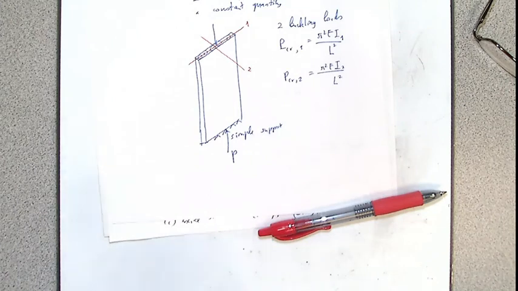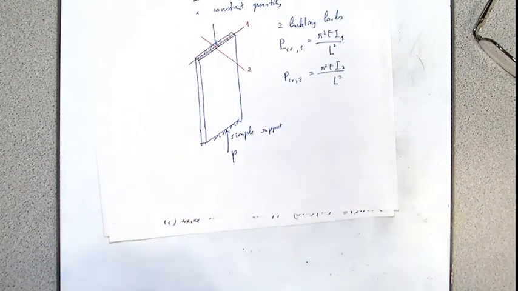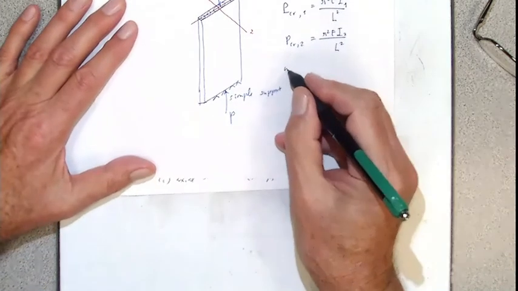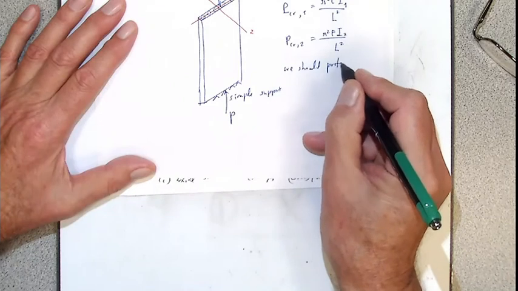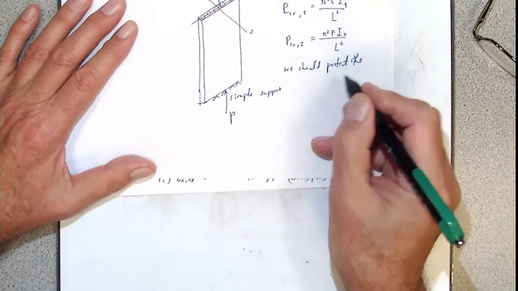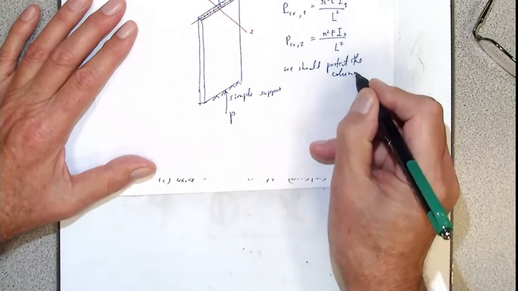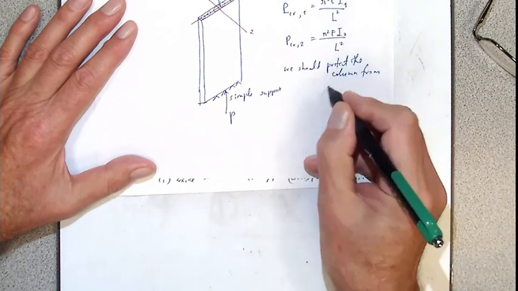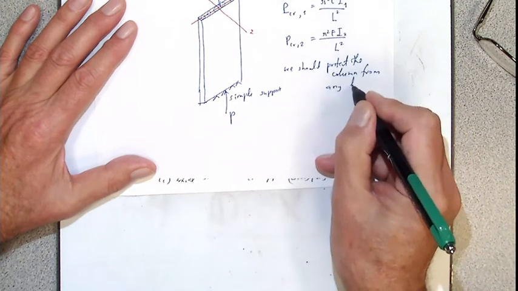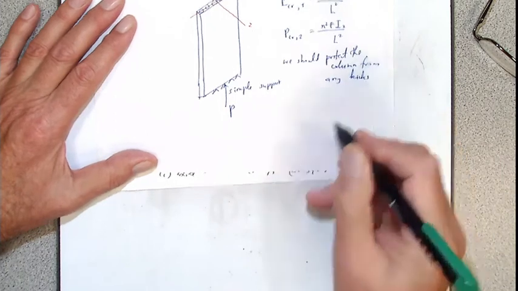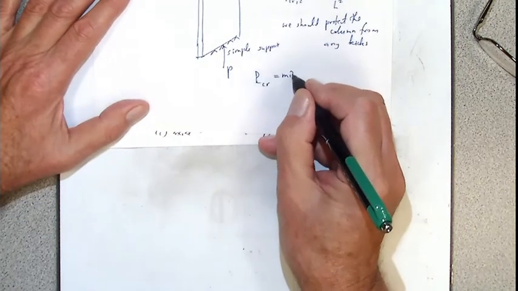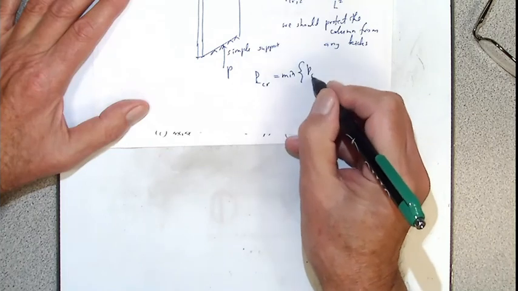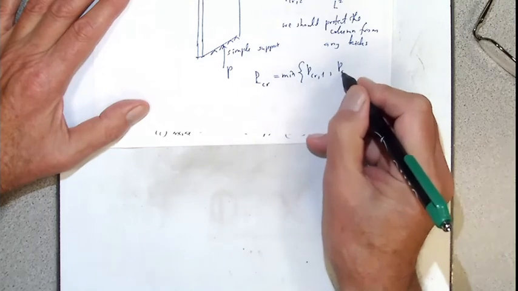So therefore, we should protect the system from any kicks. So therefore, P critical, we say, is the minimum of P critical 1 and P critical 2.